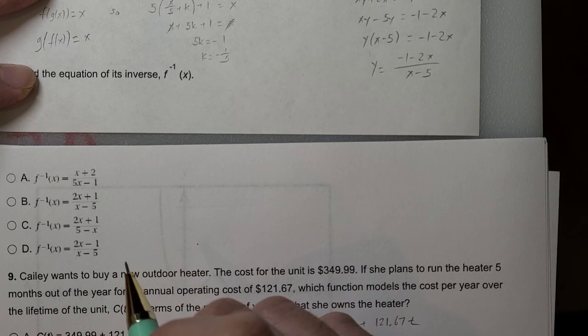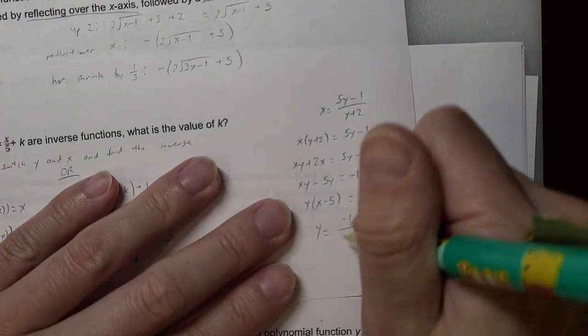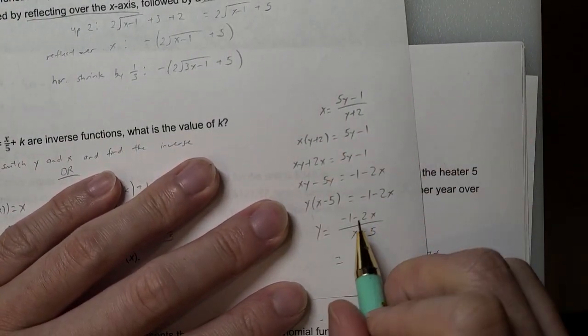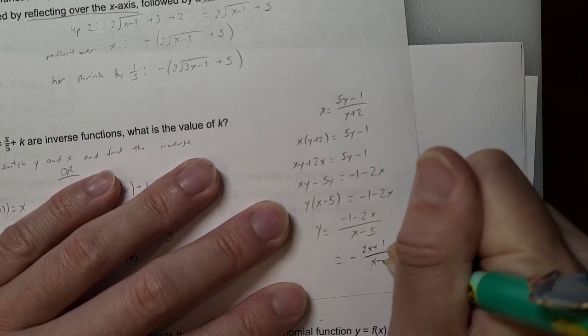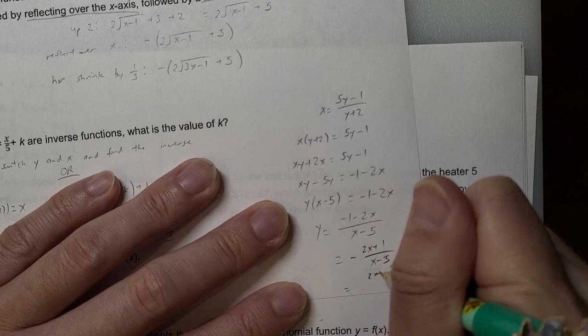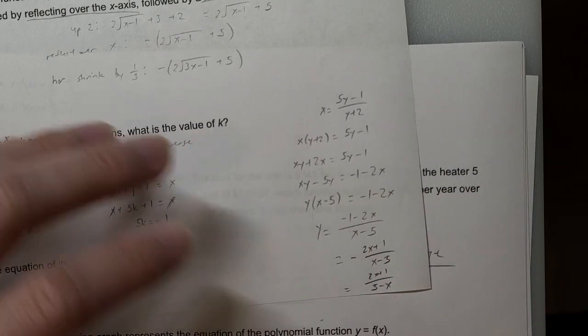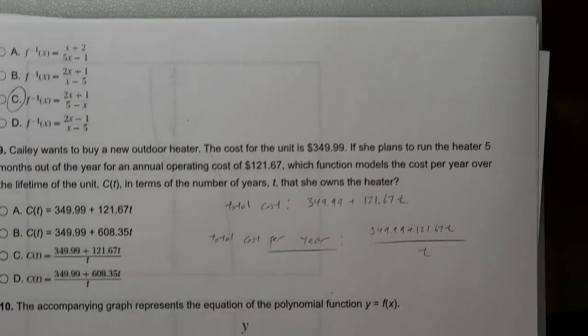It should be C, because I can rewrite this as, if I factor out a negative sign, minus 2x plus 1 over x minus 5. And then this minus sign I can actually put down here. It'll be 2x plus 1 over 5 minus x. So that's this one right there.